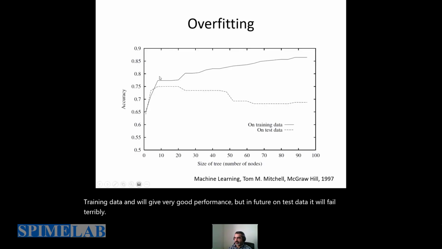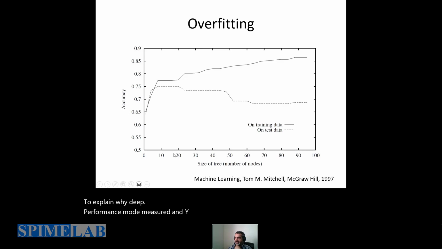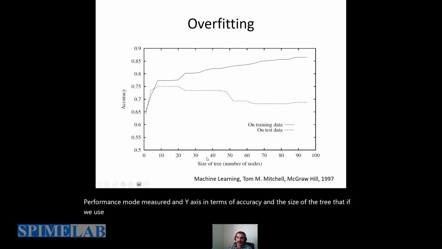So this curve is used in textbooks to explain why. The performance is measured on the y-axis in terms of accuracy, against the size of the tree. If we use all the data, all the attributes in the data, the size will grow: 10 nodes, 20, 30, up to 100 nodes.